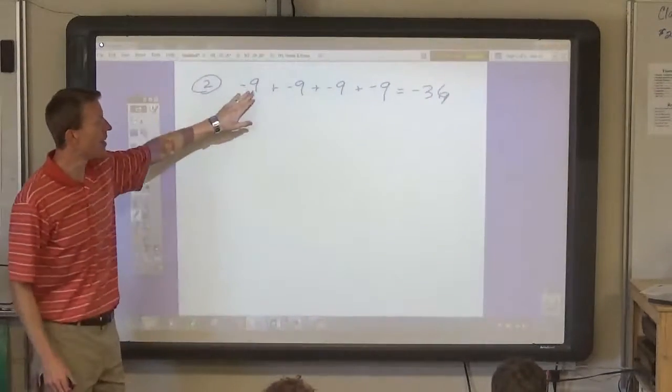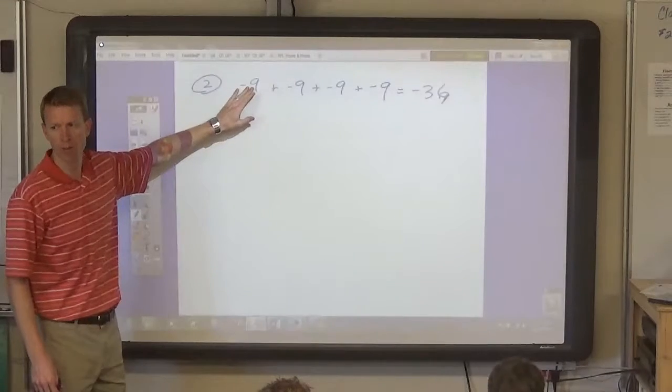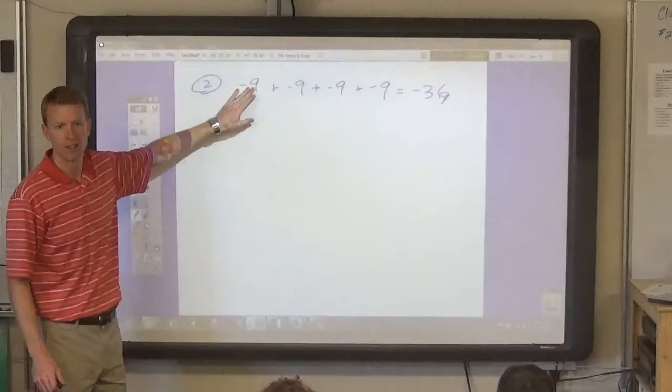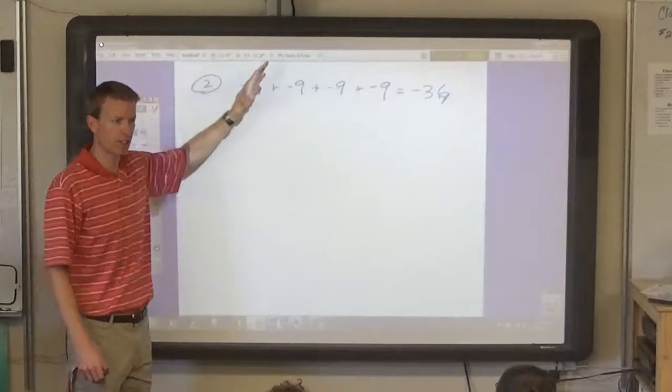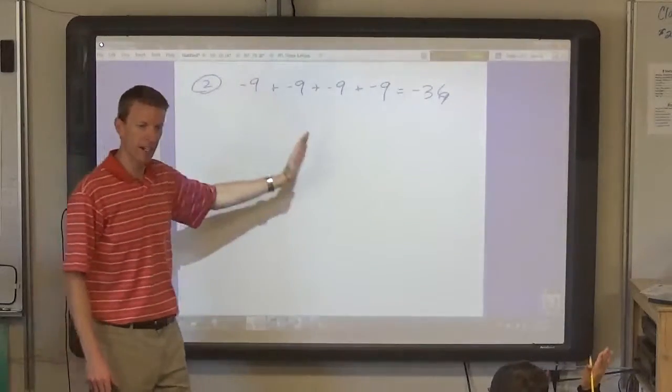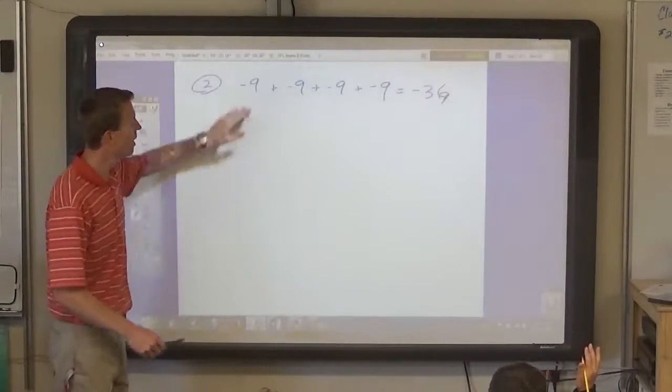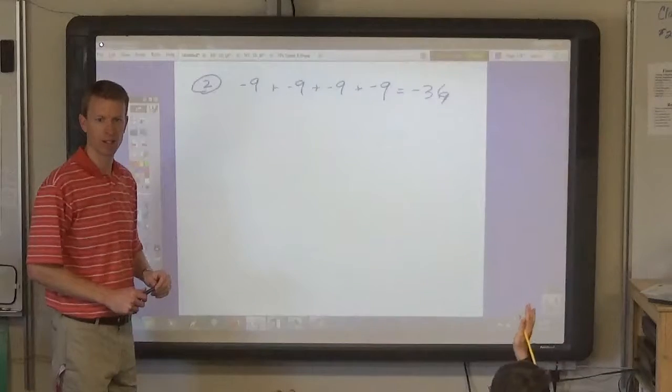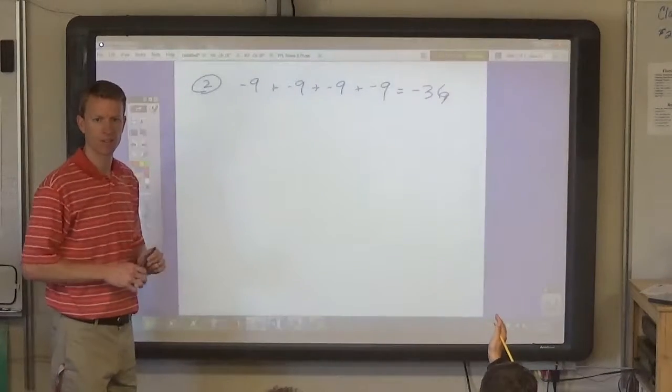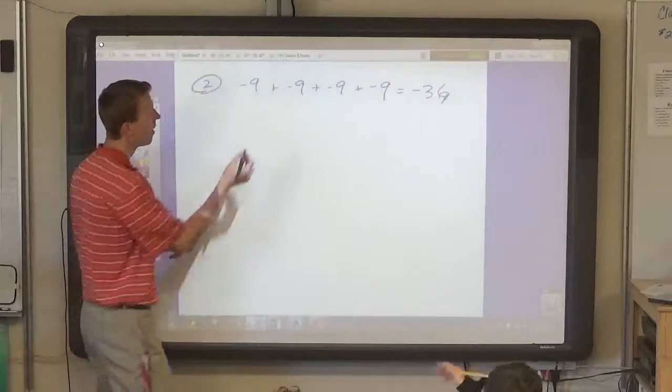How could we write this as a multiplication problem? Since multiplication is taking the same number and adding it over and over again, how could we write this as multiplication? Bryce? Negative 9 times 4. Yeah.